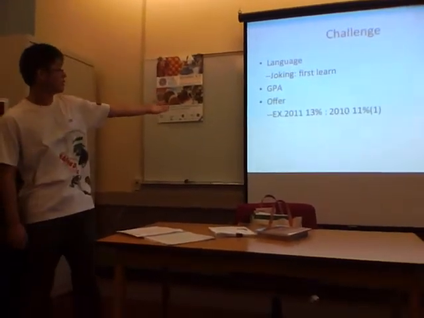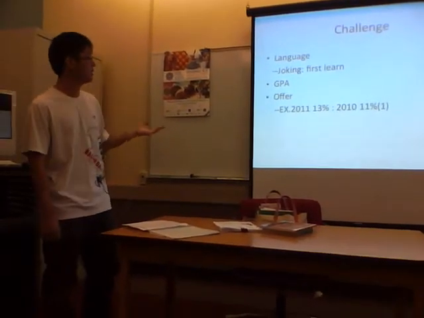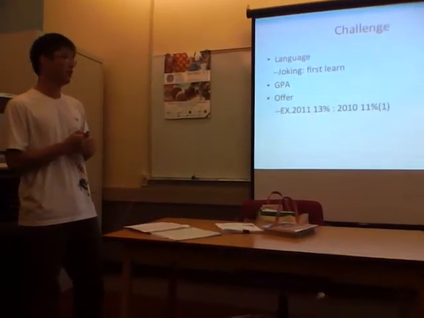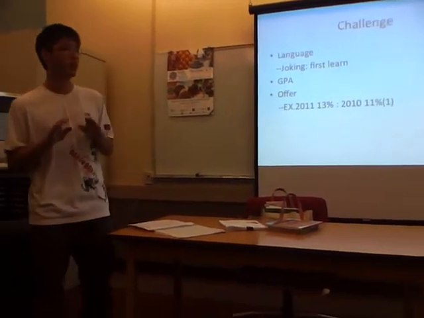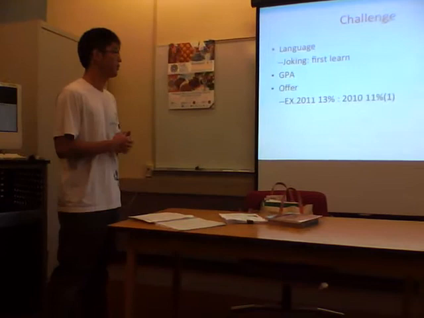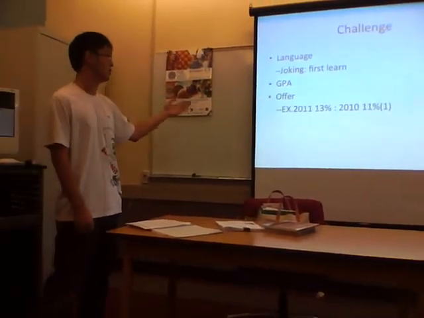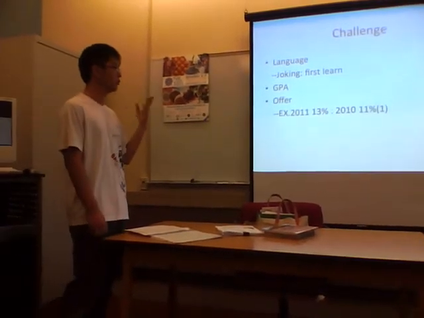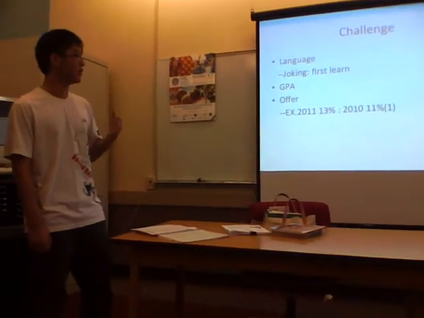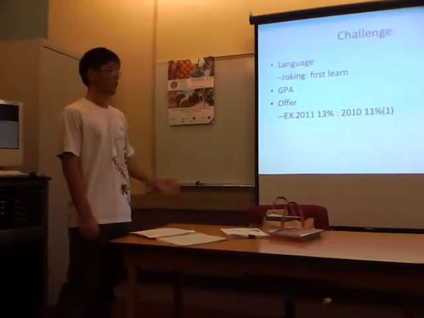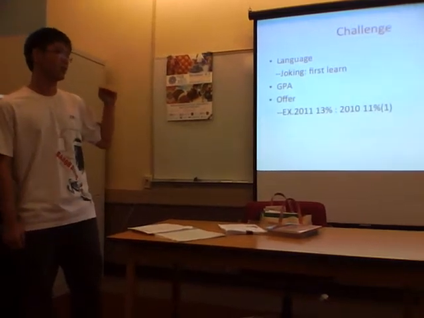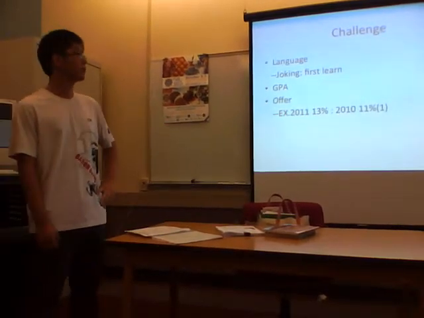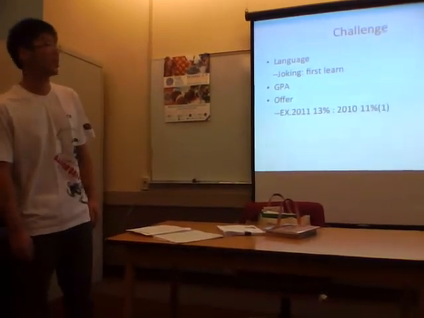From 2010 to 2011, the number of students who graduated from chemical engineering and got offers was reduced by 2%. So 2% more students didn't get an offer when they graduated. This situation is increasing. So it could be a very big change.